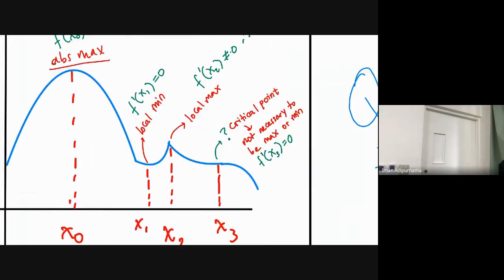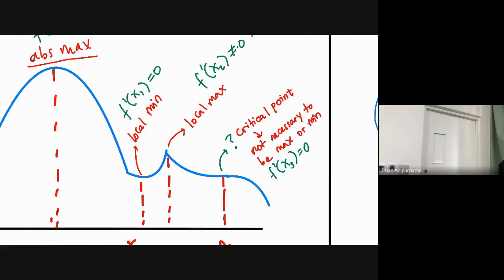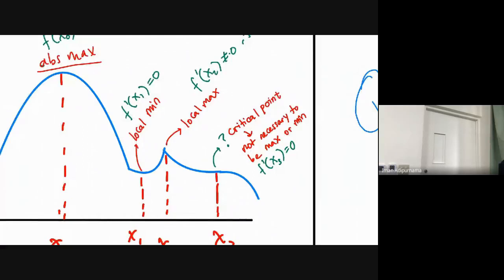Like this point here, the pointy corner, this is also a maximum, or we can also have a minimum like this. But in this case, because at the corner you will not have any differentiation, right?